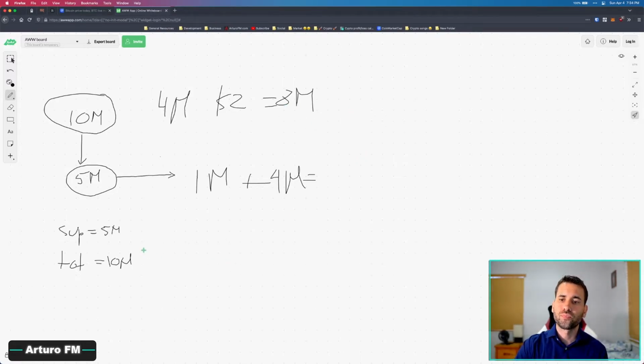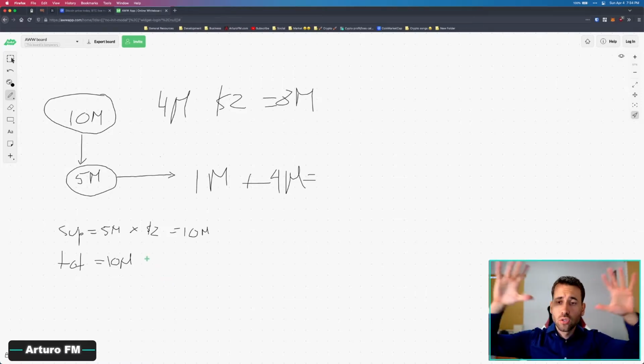So the market cap in this case is 5 million times $2, which is 10 million, right? So that is the market cap. Now the fully diluted market cap is going to be based on the total amount.